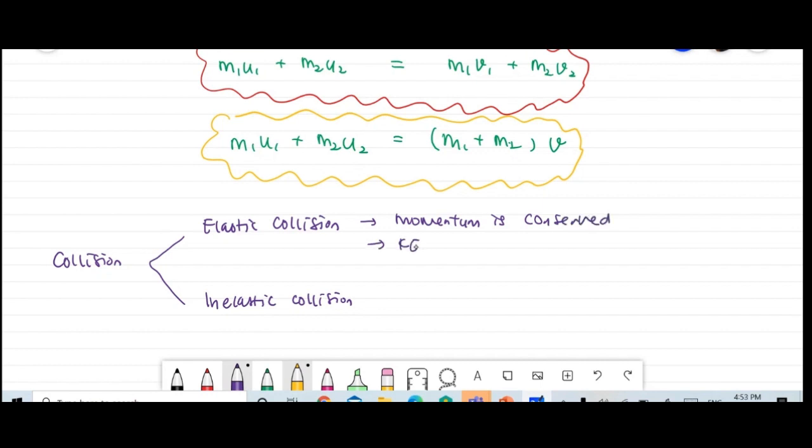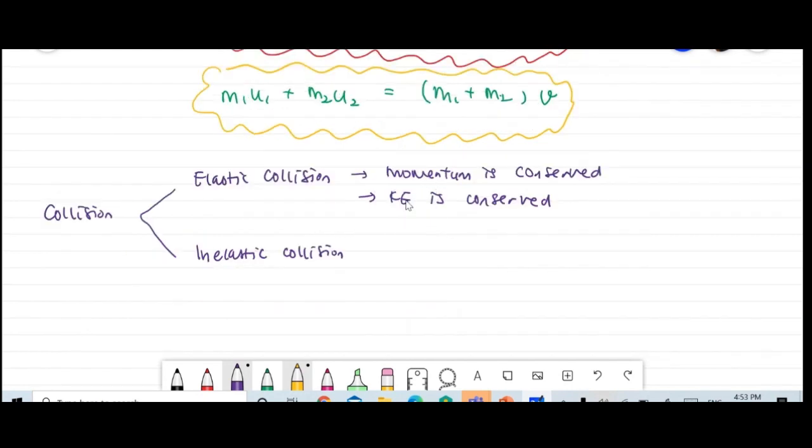Whenever you see an elastic collision, momentum is conserved, and kinetic energy is also conserved. For elastic collision, objects will move with different velocities after the collision. However, for inelastic collision, momentum is conserved. So no matter whether it is inelastic or elastic collision, momentum is always conserved. But for inelastic collision, kinetic energy is not conserved. To remember this, kinetic energy for inelastic collision is not conserved.